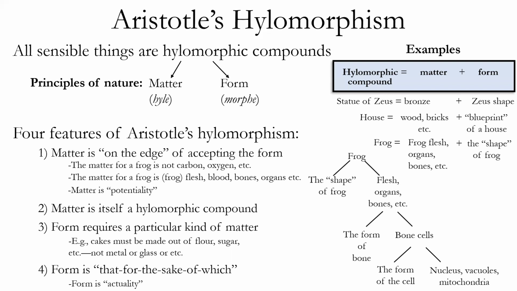Matter is identified with potentiality. Matter is what is potentially a form. And when a thing acquires that form, when that form comes to be present in that matter, it has now achieved its actuality, which is the goal or purpose of things. The goal or purpose of things is to be what they are.